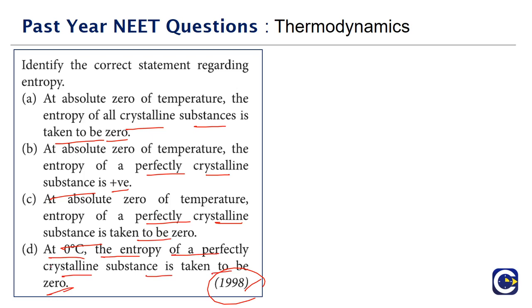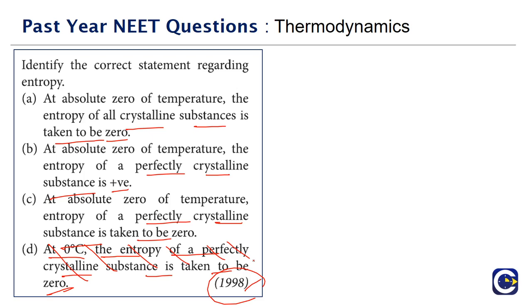See, the reference temperature for entropy estimations is not 0 degree centigrade. It is the absolute 0. So option D is straight away knocked off. Whenever we talk about thermodynamic temperature references, it is always with regard to the absolute 0. Now if you look at the entropy reference, as absolute 0 is approached, the entropy of all substances will reach a constant value.